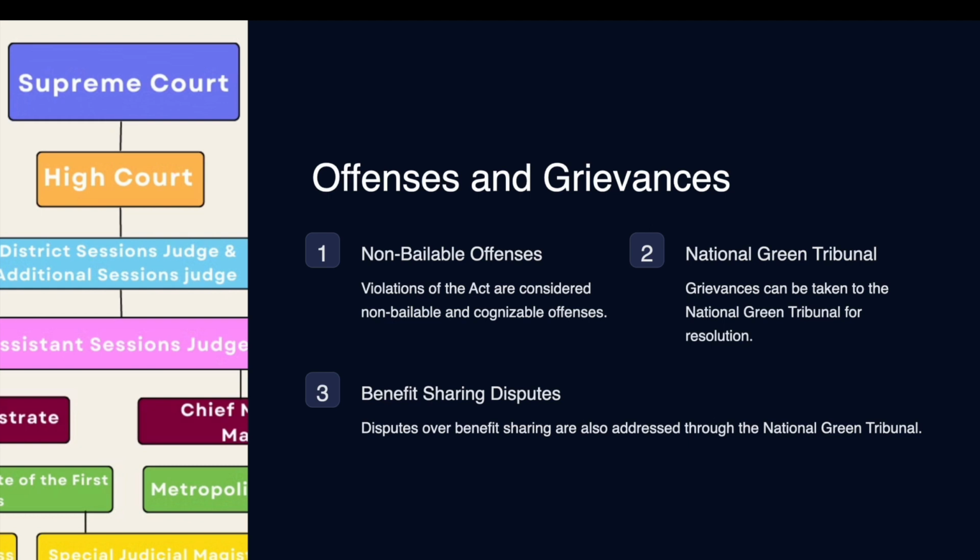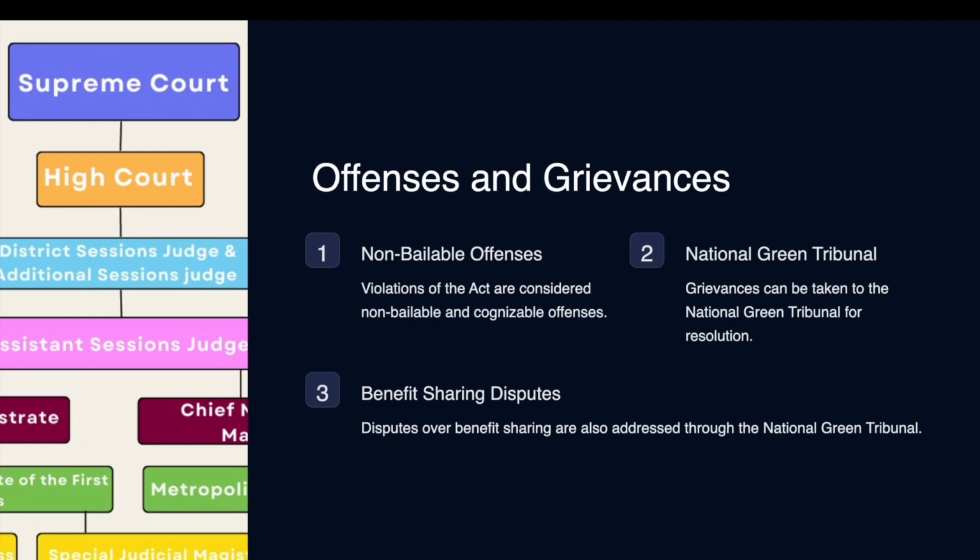Okay. What are the offenses and grievances that have been mentioned in the act? Violations of the act are considered non-bailable and cognizable offenses. In polity, we will make you understand what are cognizable offenses, bailable offenses, non-bailable offenses, and compoundable offenses. The National Green Tribunal can address the grievances.